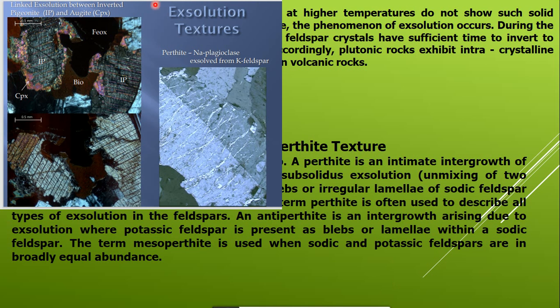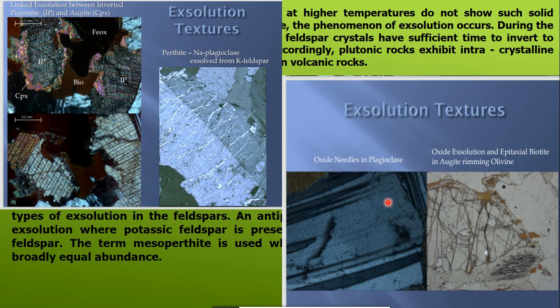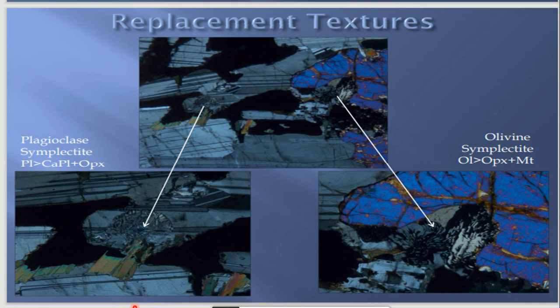And this is a thin section picture of exsolution perthite in which the sodic feldspar, that is sodium feldspar, is in thin plates, and the potassic feldspar acts as a host for this rock. Similarly, exsolution textures include oxide exsolution and epitaxial exsolution in olivine.